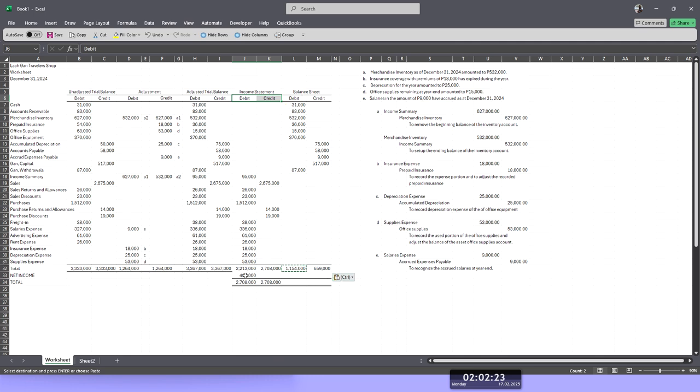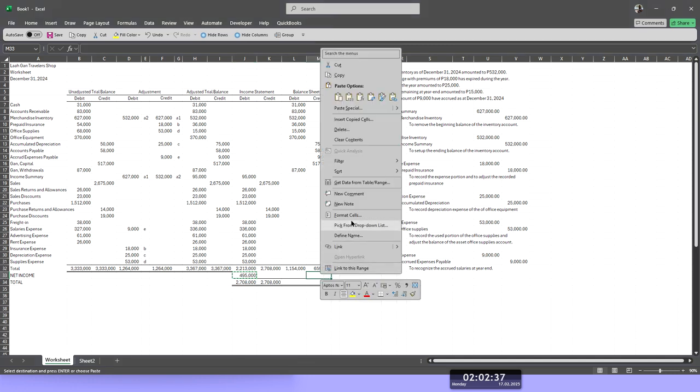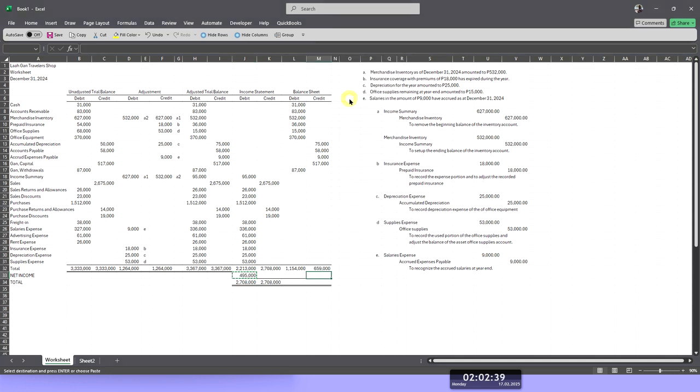So if the difference in the income statement is written under the debit column, that difference is written in the credit column of the balance sheet.